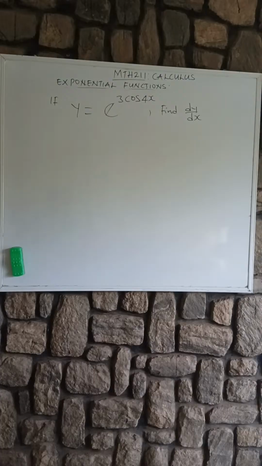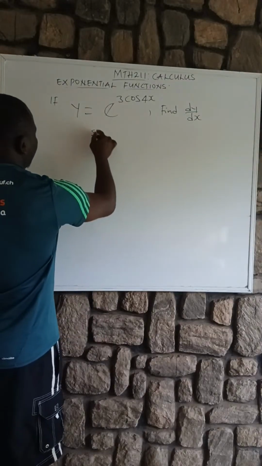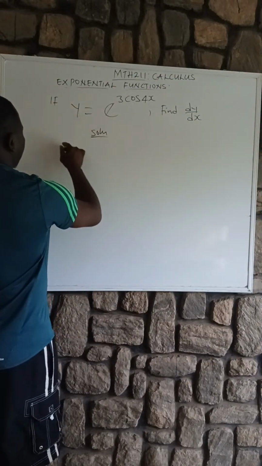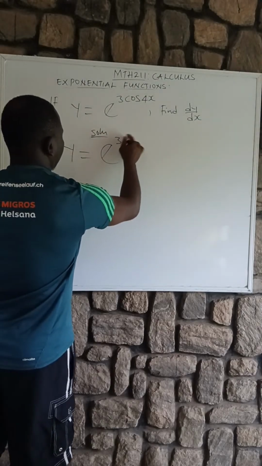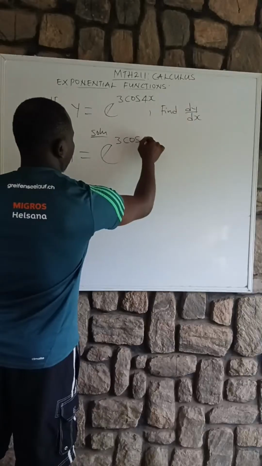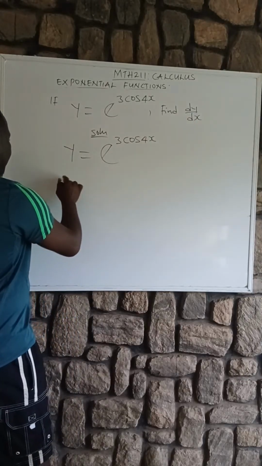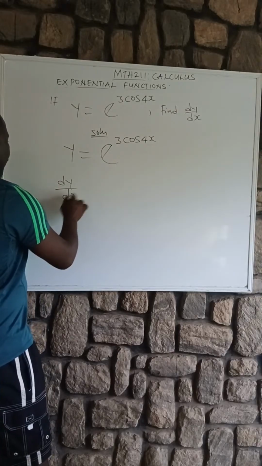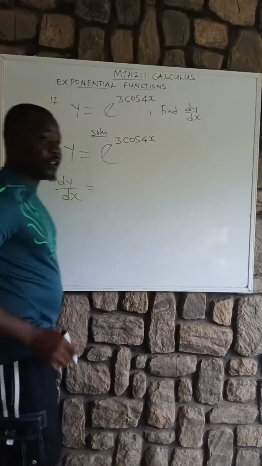Okay, so let's consider this solution. y equals exponential 3 cos 4x. So this means our dy, you don't need a prophet to tell you. You can tell somebody the answer, true or false.